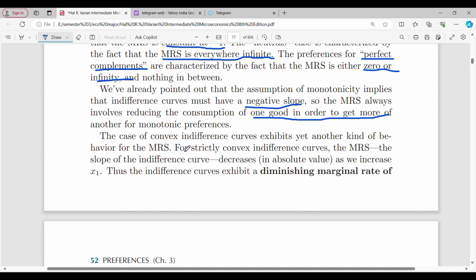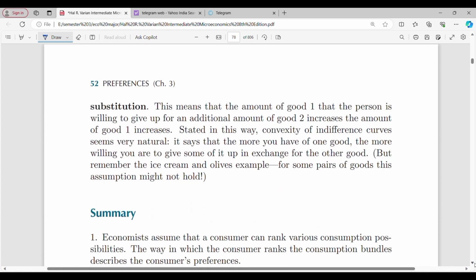The case of convex indifference curves exhibits yet another kind of behavior for the MRS. For strictly convex indifference curves, the MRS, the slope of the IC, decreases as we increase x1. Thus, ICs exhibit a diminishing marginal rate of substitution. I had said it in the beginning.